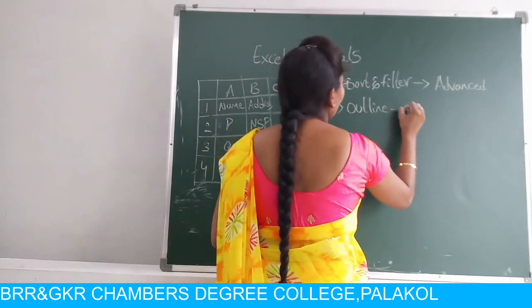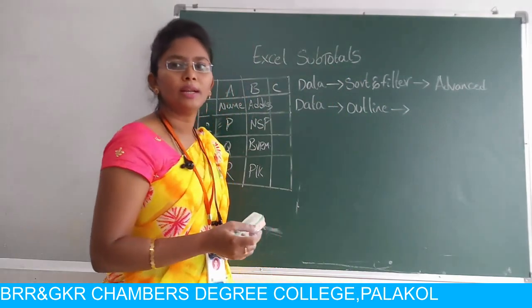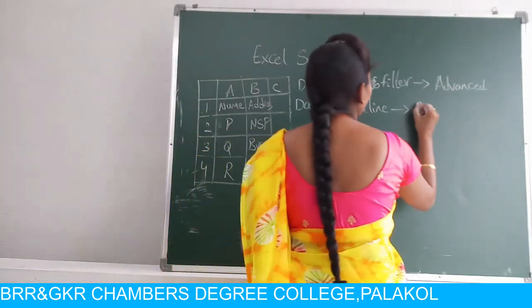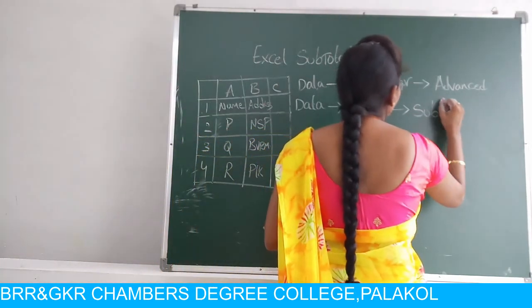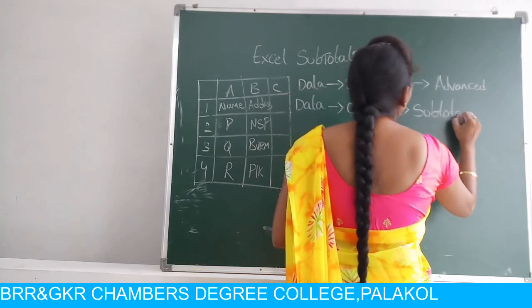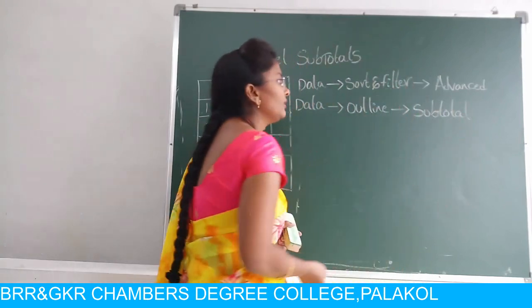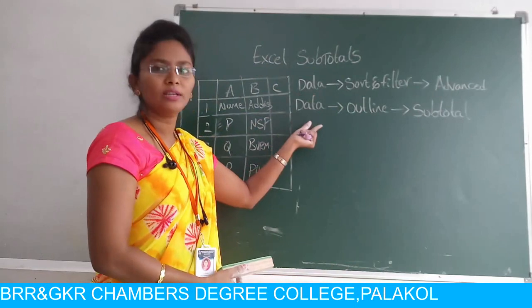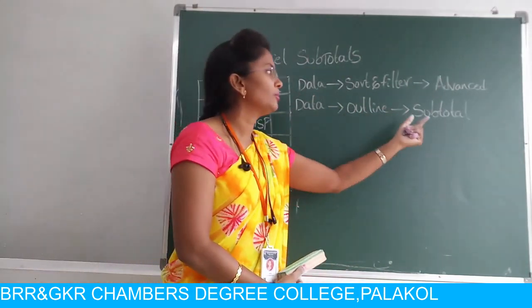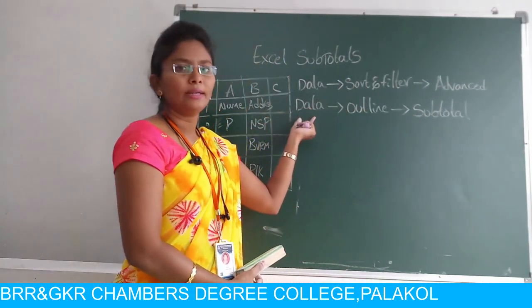In this Outline, you can see the option Subtotal. You can see the Advanced Filter and Sort and Filter group in the Data menu, as well as the Outline and Subtotal options in the Data menu.